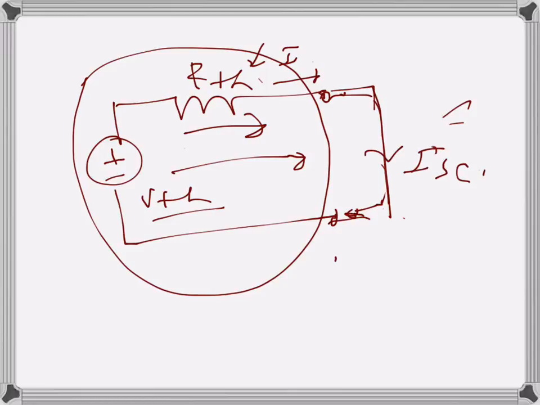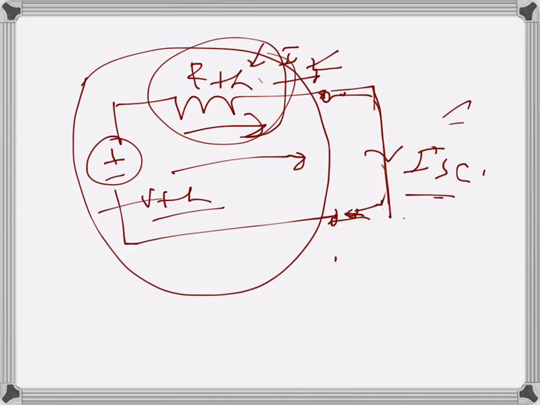So we can see that the maximum possible voltage divided by the maximum possible current, which is the open circuit voltage divided by the short circuit current, is the Thevenin's resistance. When the load is connected with a finite value of resistance, there will be an internal drop, and that drop will be because of Thevenin's resistance.